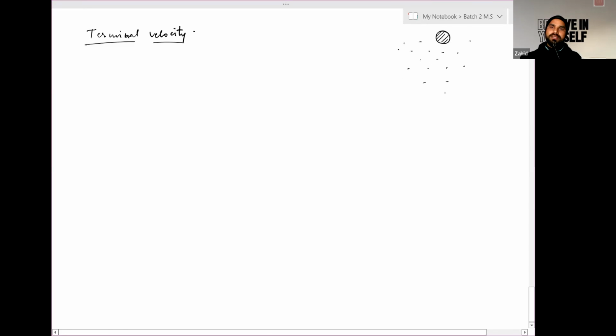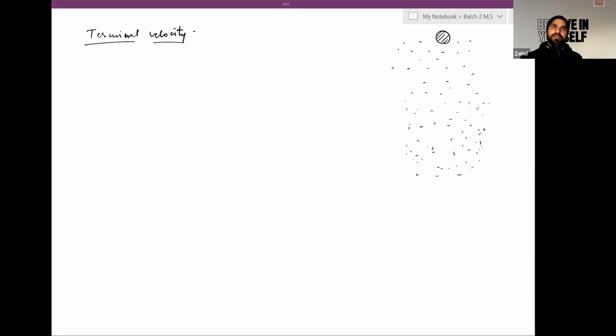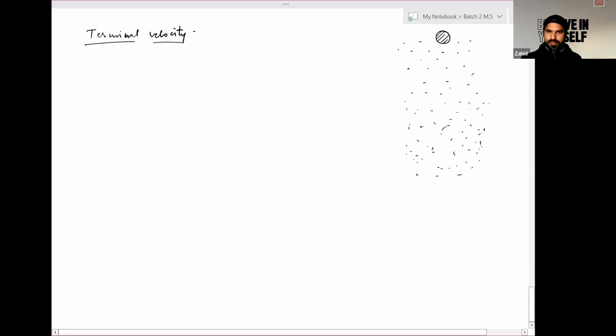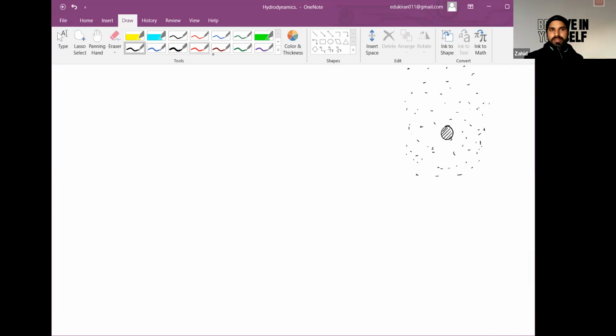If initially it is dropped in a viscous medium, then on moving some distance, let's say to this point, it may have acquired some velocity due to falling down under the effect of gravity. So on attaining some velocity, it may experience some viscous force due to Stokes' law in the opposite direction of its motion.